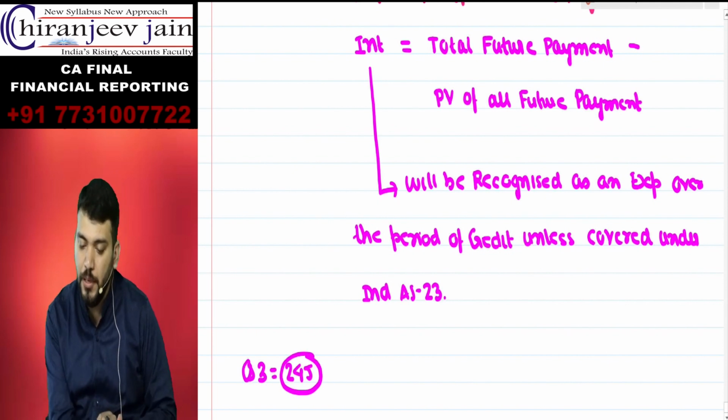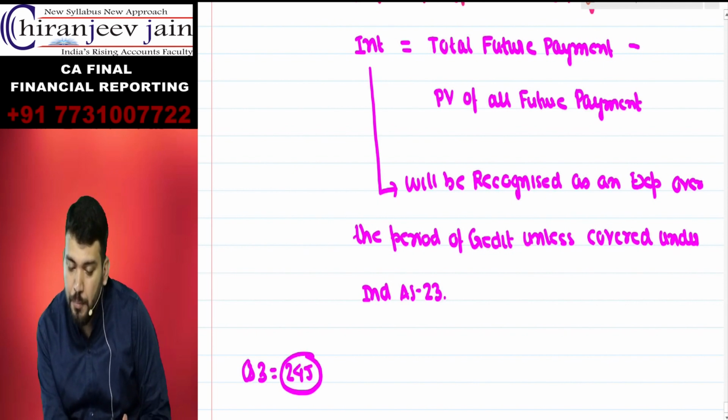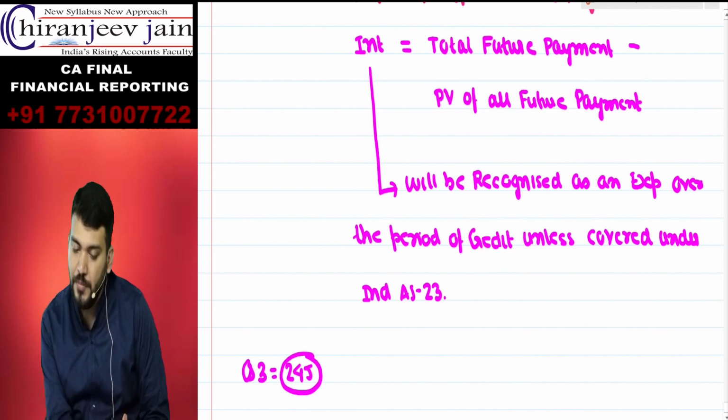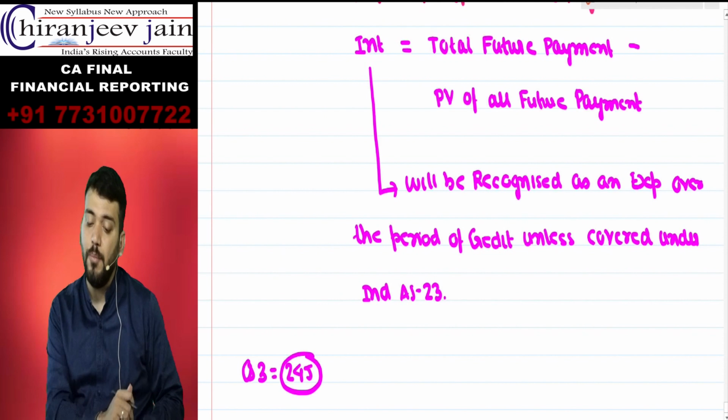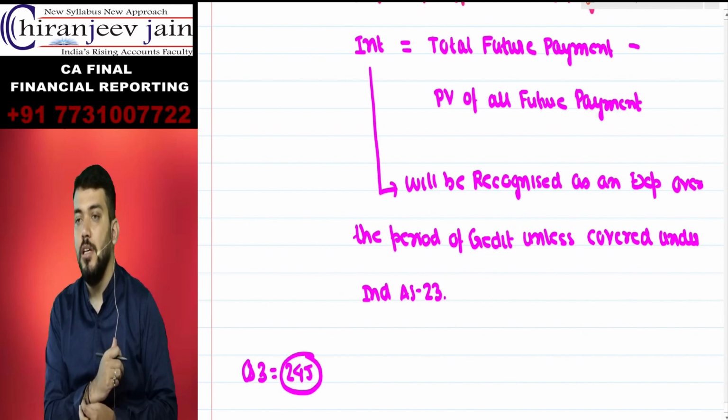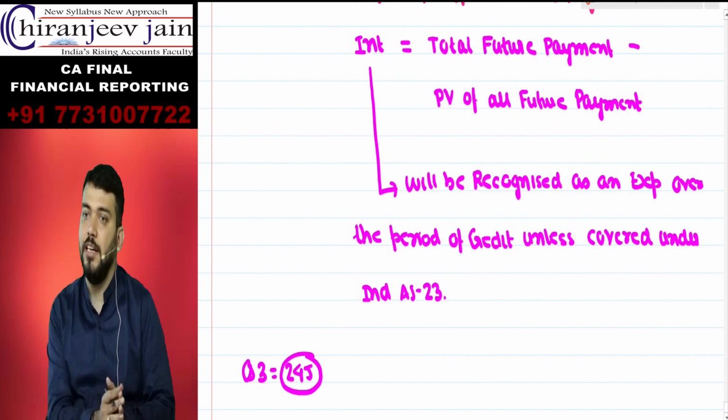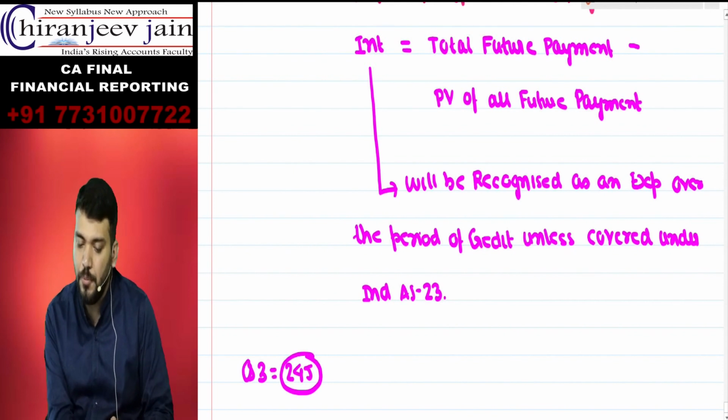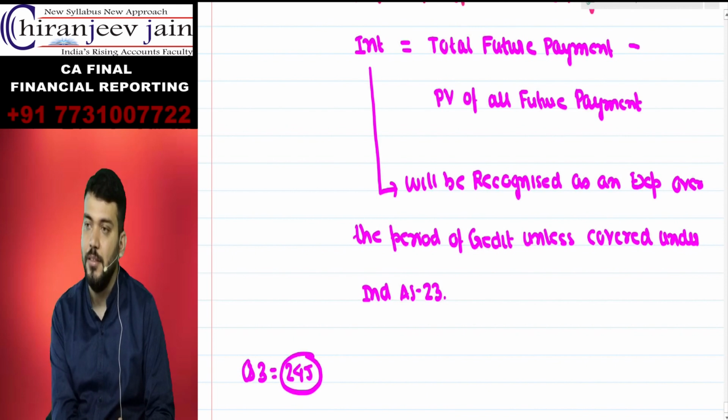What should be the cost under both the payment methods? If it is paid initially, the entire amount, what will be the cost of the property? And if it is deferred, then what is the cost of the property?